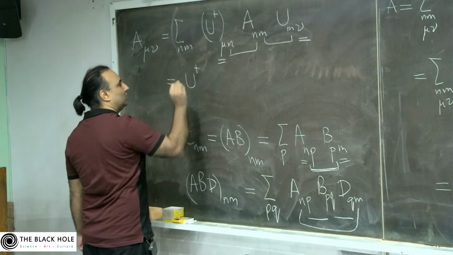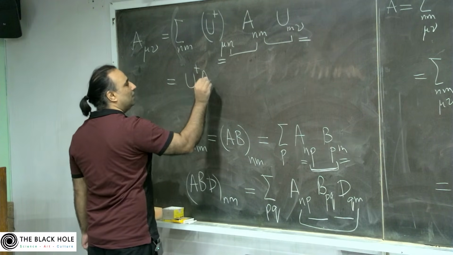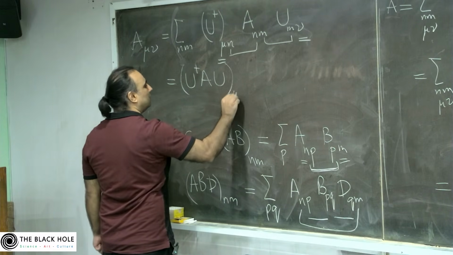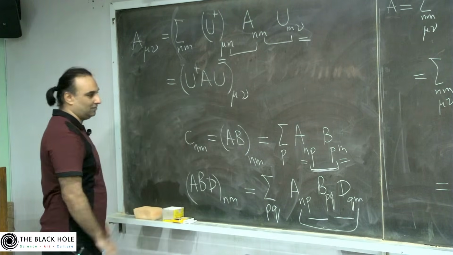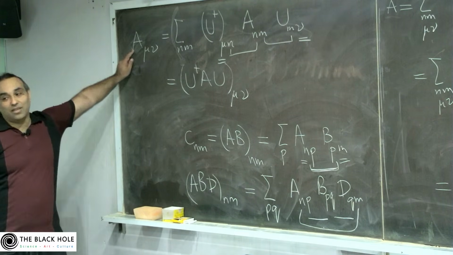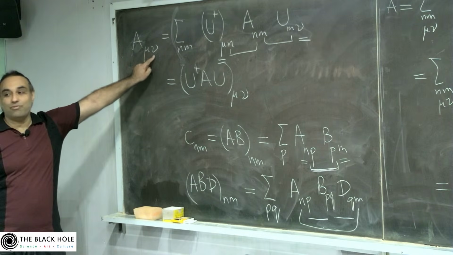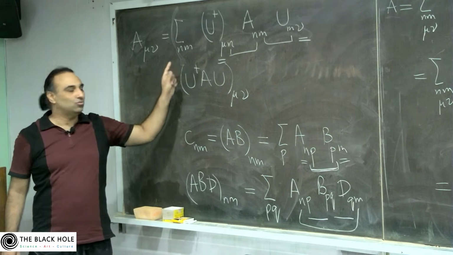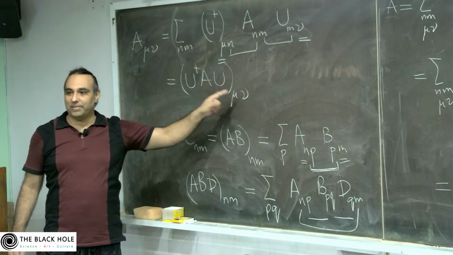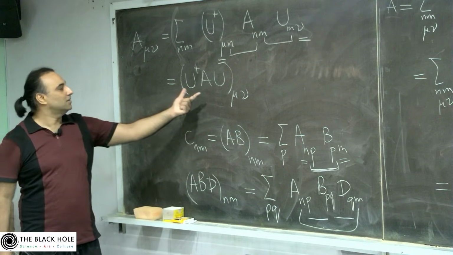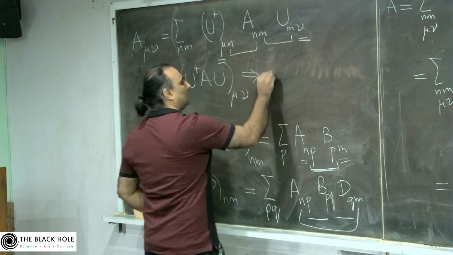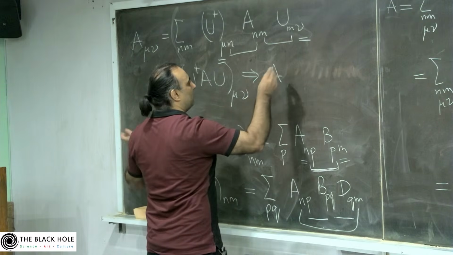So it's like U dagger, A, U, and it's mu, nu. Okay. So if the mu-nu element of A is equal to some things, that means the whole matrix is equal to this. So this is A in the new basis.